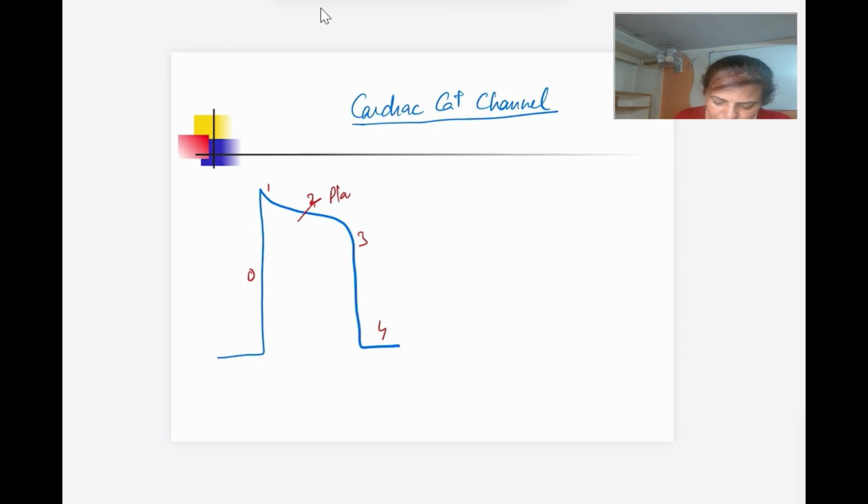This is a plateau phase. This is in the atrial or ventricular action potential.